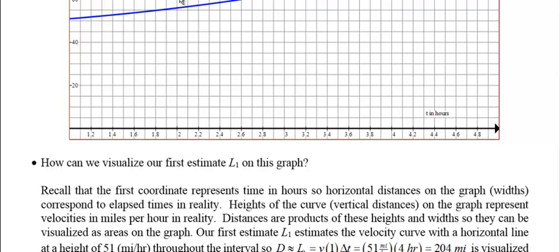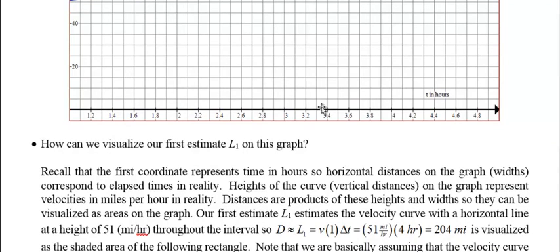But in reality, they represent something else. Like this time, the x-coordinate is the time t in hours, and the y-coordinate is v, the velocity in miles per hour. So remember, our L1 was to take a change in time of 4 hours, a horizontal distance from 1 to 5 here, a total of 4 hours.